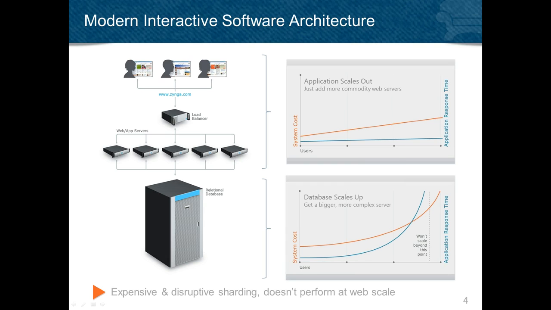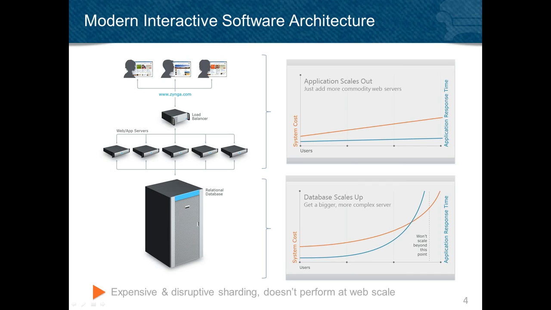However, all of those requests then fan back traditionally into a relational database, which is a scale-up technology, meaning to handle more capacity, to handle more load, you're going to have to constantly add a larger and larger system, which not only increases your cost, but also makes it very disruptive to grow and increase as you have to either take down the application or perform sharding, adding a caching layer, all those sort of things that make it just very hard to really scale a relational database.